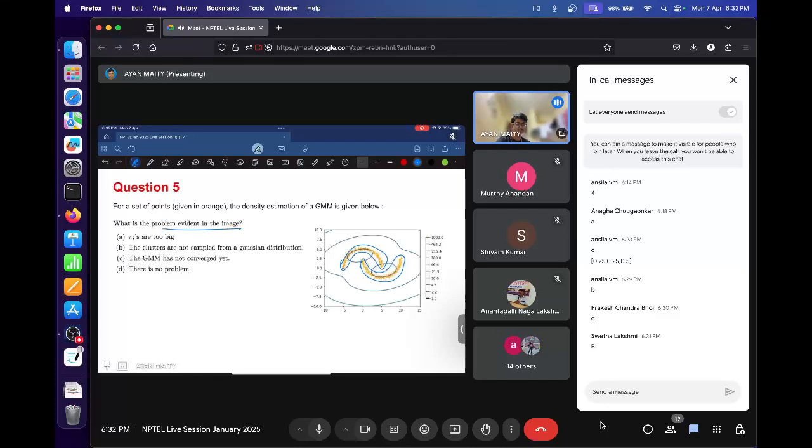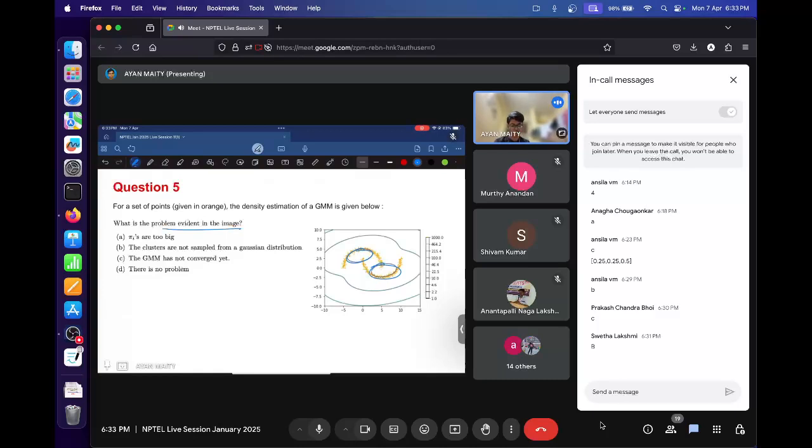But if we apply GMM with two clusters, it will do a very bad job in finding the actual clusters. The GMM would always find Gaussian clusters. So that's why it found these two clusters. But we can see that the data points are not really sampled from these Gaussian distributions or Gaussian clusters.